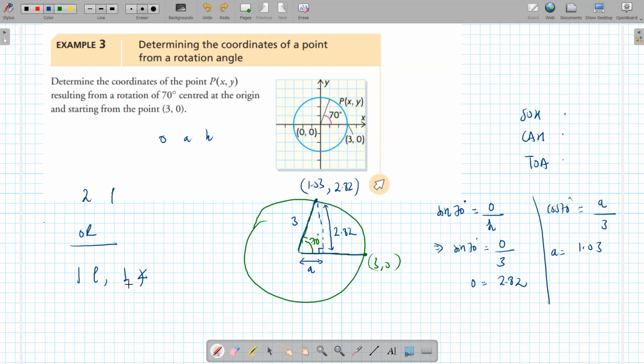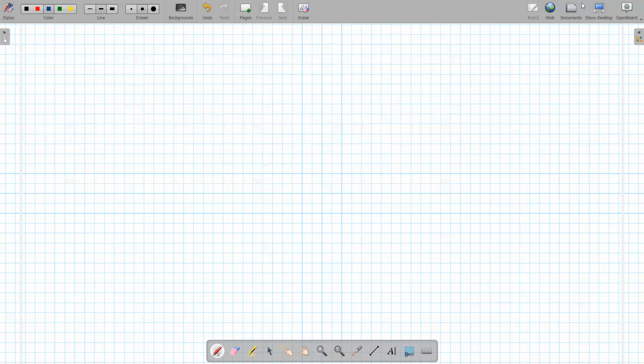So here we had one length, the radius or the hypotenuse of the triangle. We had one angle, 70 degrees, but we could find everything else. If you don't have the angle, you're gonna need two side lengths.